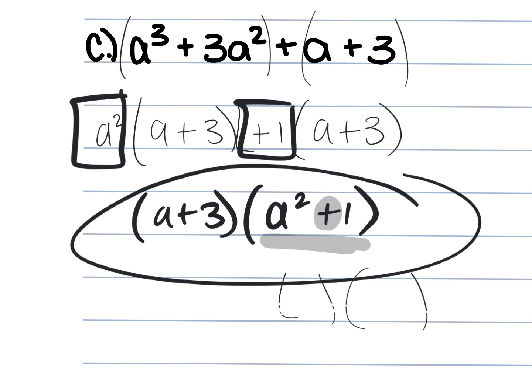So if we were to change this to a minus sign, then they would match. So Matthew, don't force it to be negative, right? Just keep it the way that it is because you want these to match as your priority. A plus 3 must match. Then you go from there and you're like, okay, the next term is a squared plus 1. But then don't be like, oh, it needs to be negative so I can factor it. No, just leave it the way that it is and be like, okay, I can't move forward.